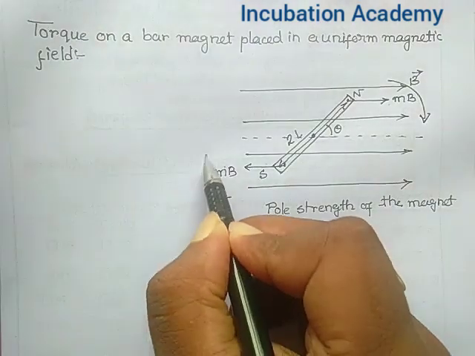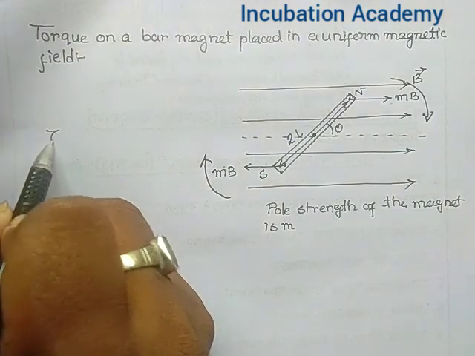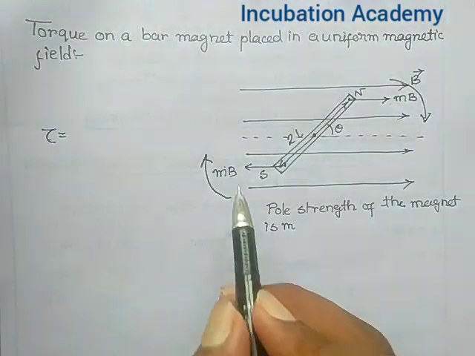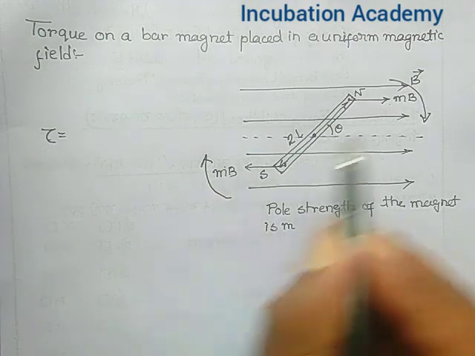Here also the moment of force is clockwise. So a torque will be generated. What is the torque? The torque tau can be denoted as the value of any of these forces, that is MB, both are equal.